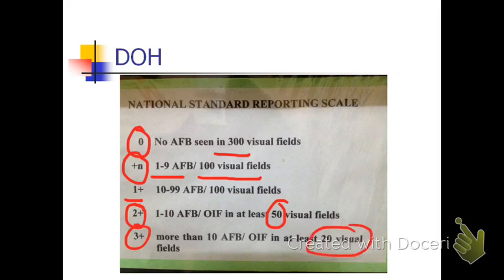So, it is less tiring when the specimen is plus 3, because after just 20 fields, you are already able to see more than 10 AFB per oil immersion field. Which means that among these different interpretation schemes, this patient is heavily infected with Mycobacterium tuberculosis.